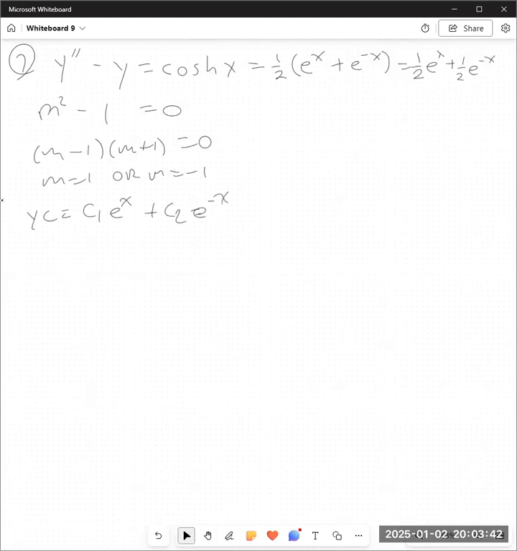Now, I just want you to know that anytime you are comfortable with dealing with hyperbolic sine and hyperbolic cosine instead of e to the x and e to the negative x, you can go ahead and do that in place of e to the x and e to the negative x, because, as I just showed, hyperbolic sine and hyperbolic cosine are both linear combinations of e to the x and e to the negative x.